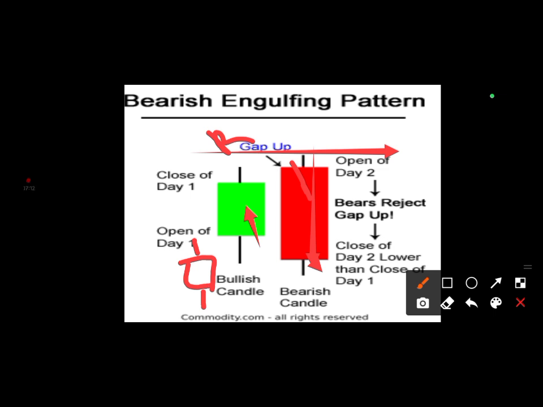Which means if you have bought, beginners have to bear this in mind. When they say you have to buy and hold for a long time, when you buy a share and you understand the level on the chart, whenever the price reaches resistance and you see this, the next thing is that your profit is going to reduce if you don't close that trade. Close it and pocket the profit you have, then you wait for another opportunity.